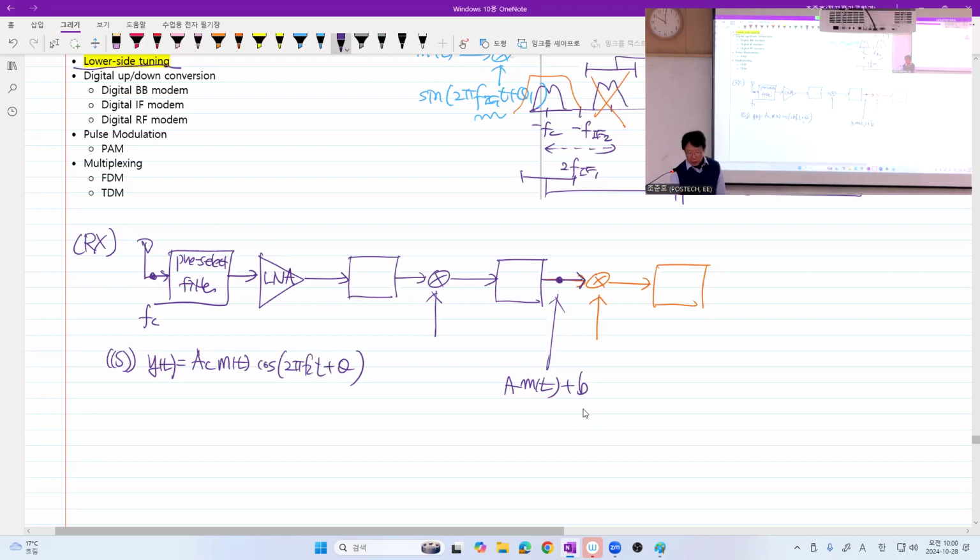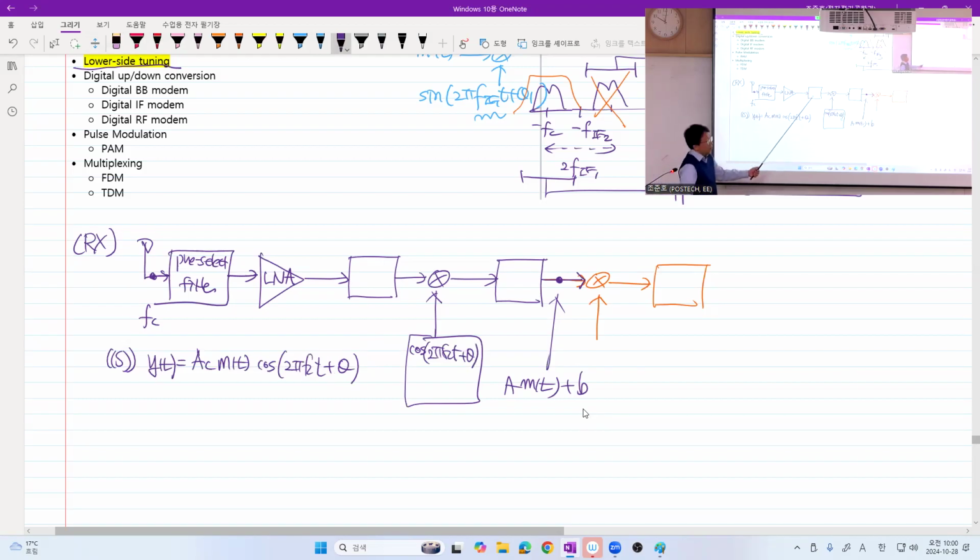So we have received the signal. And in order to extract that one, we may have what here? A local oscillator that generates cosine 2 pi f sub c t with perfect phase synchronism with the received signal. Let me just leave theta here. Okay.